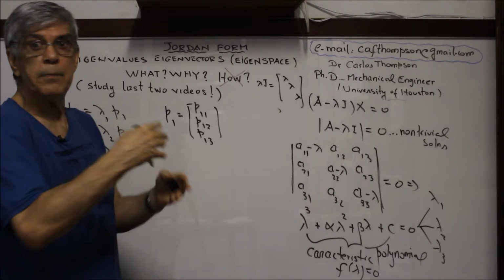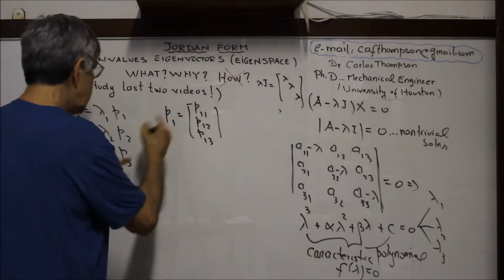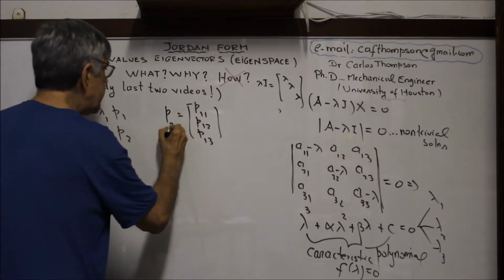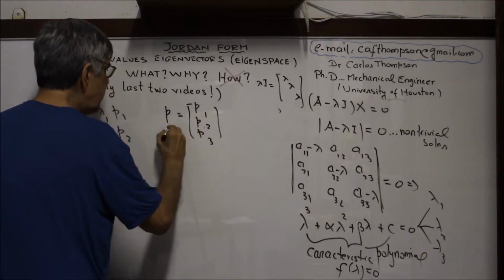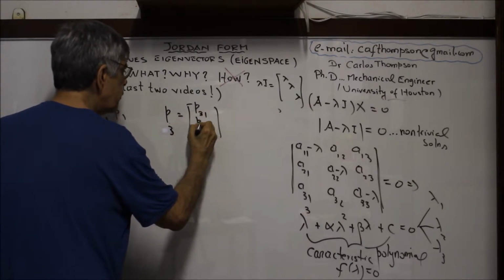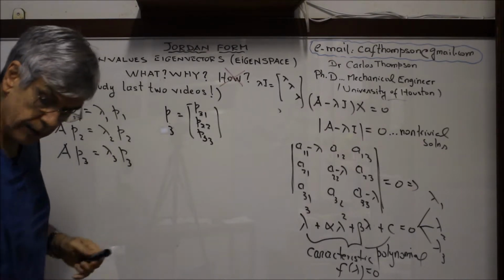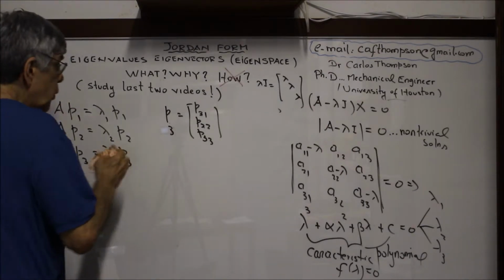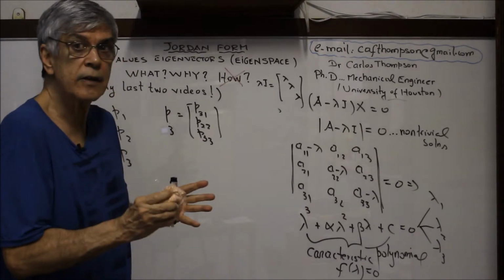If I have n by n, I would have more components. In the same form, P2 is 2, 2, 2, and P3 is 3 here, 3 here, and 3 here. Just for you to pay attention to that. We are referring to the canonical basis.